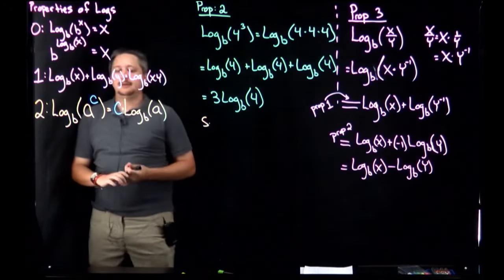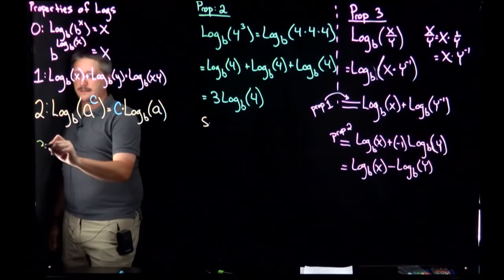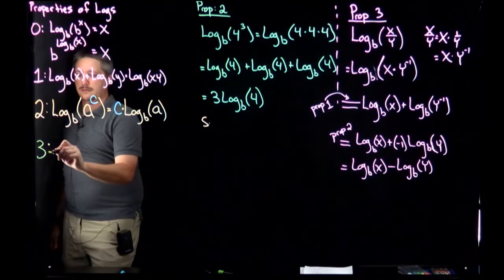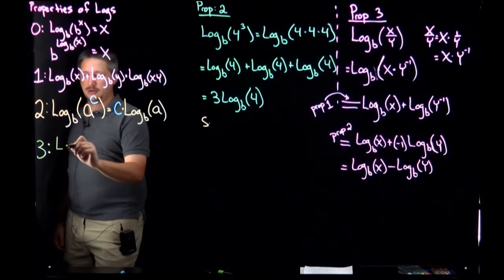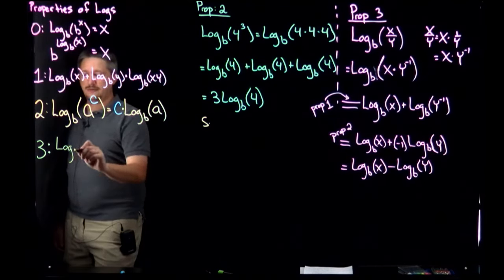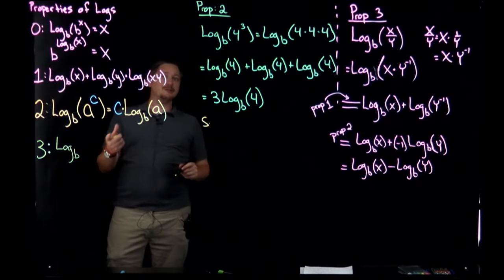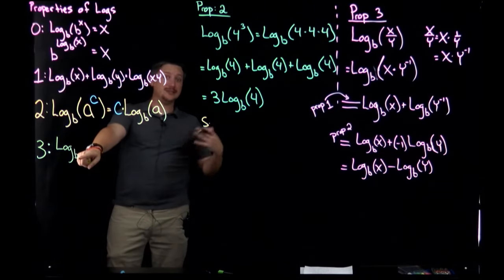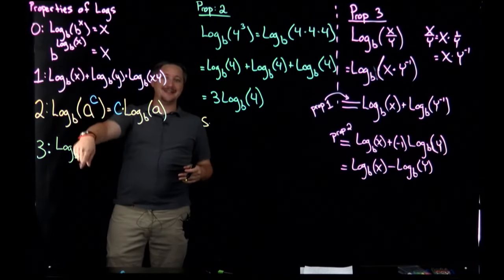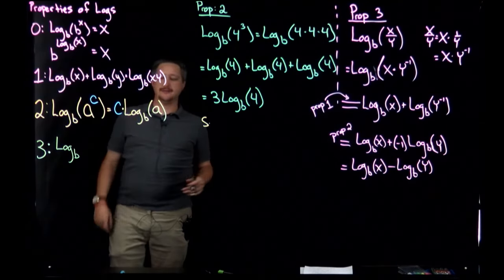So let's use this color. Property 3. So in general, if I have log for any base b, I'm going to take a second to really reiterate here. Remember from the intro video, this base can be any base, including e. So all of these could be ln's, natural logs. All of these things still have exactly the same properties.